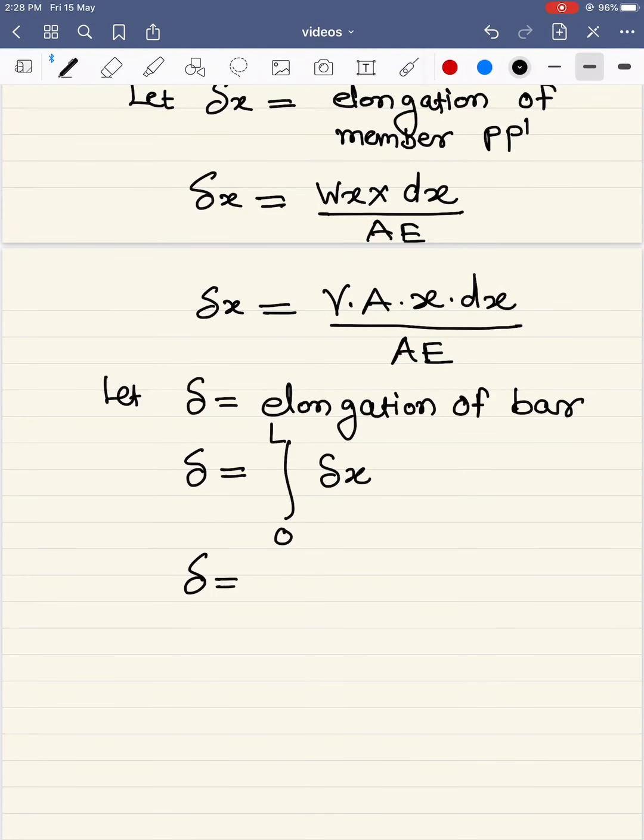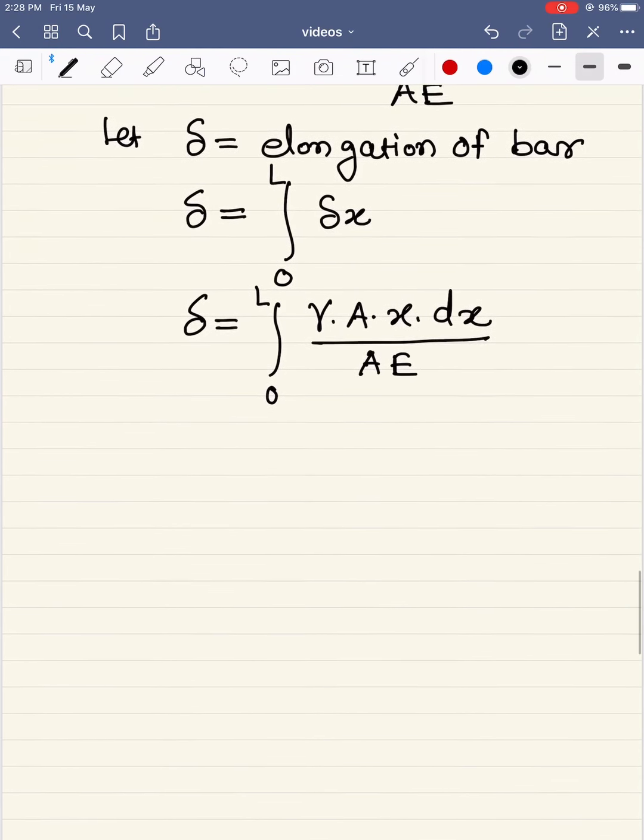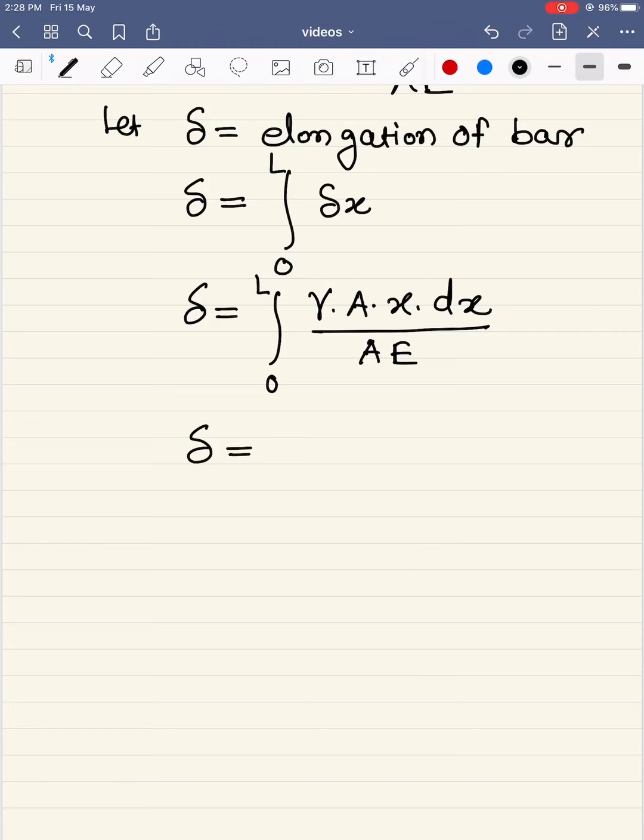Now put the value of delta x in this equation: integration from 0 to L of gamma A x dx divided by AE.